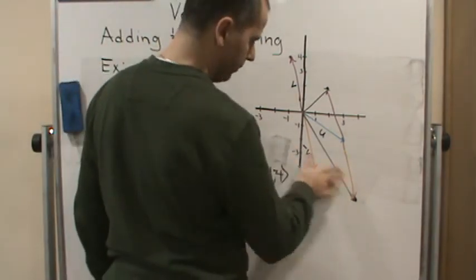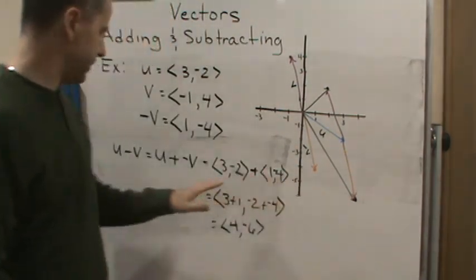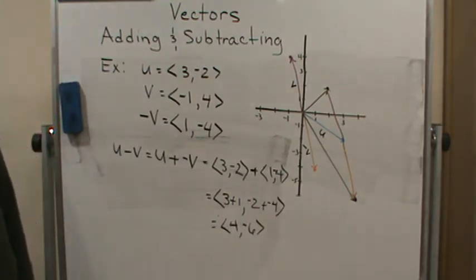It adds up. And so that's how you see it visually, and this is how you do it just using arithmetic, or using component-wise addition or component-wise subtraction.